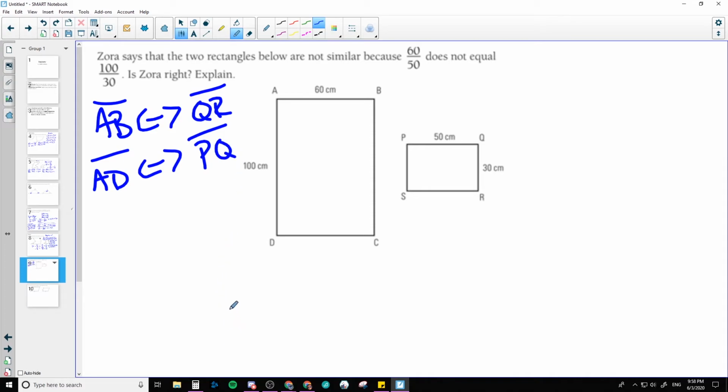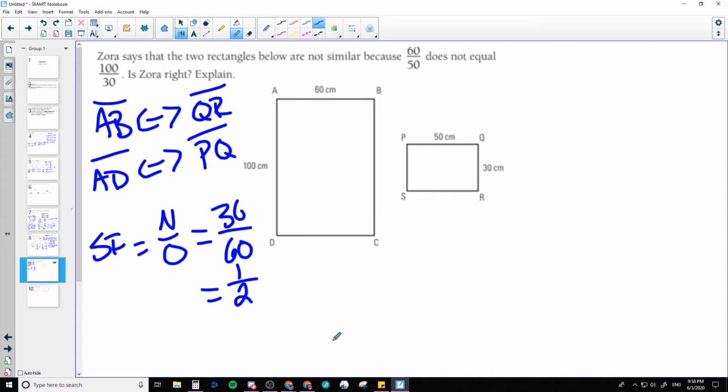So let's test the scale factors here. Remember, scale factor is new over original. So let's start with this one. New one we'll say is this side. So QR is 30 divided by 60, which is going to simplify to 1 over 2.